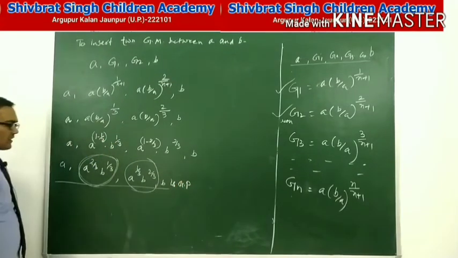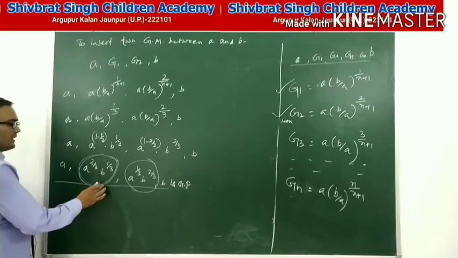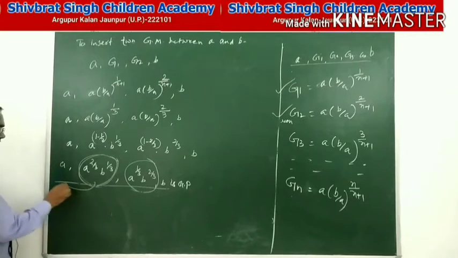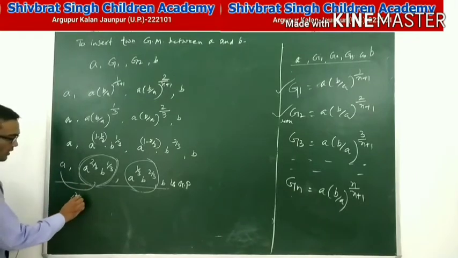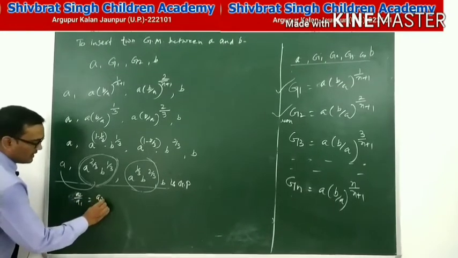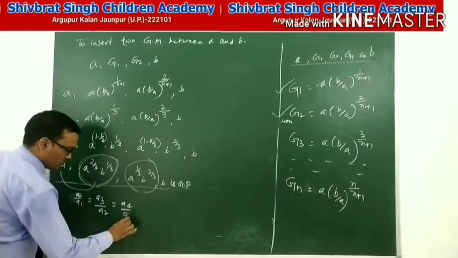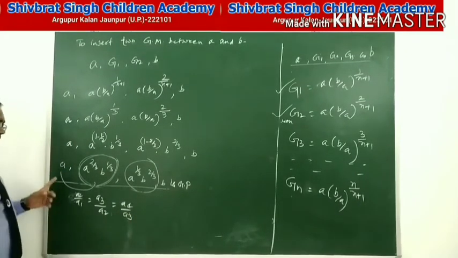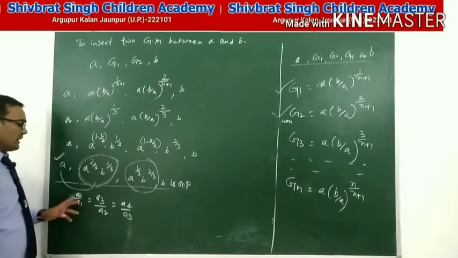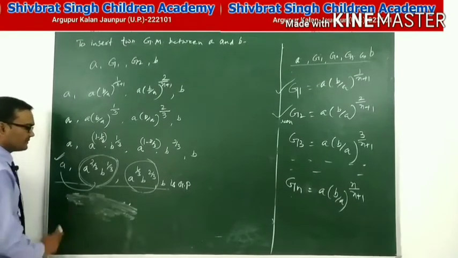We find the common ratio a2 upon a1, a3 upon a2, a4 upon a3. If a2 upon a1 is equal to a3 upon a2 equal to a4 upon a3, if this condition is satisfied then this is a GP; otherwise this is not a GP. Check whether this is a GP or not.